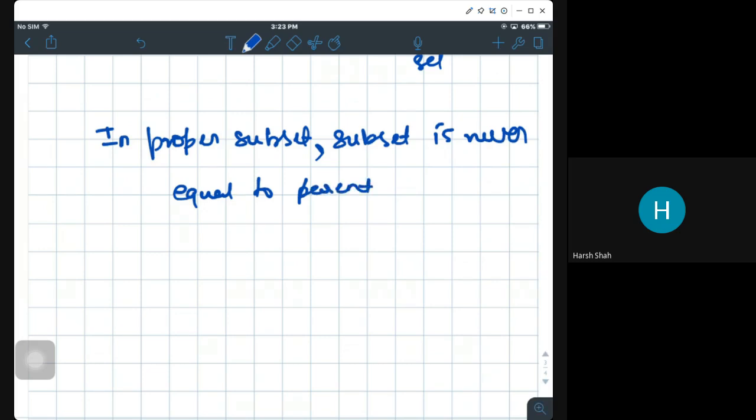Okay. Now is the empty set. This is an empty set. Can I say that this is a subset of my universal set? I have defined a universal set. Let it be anything. Can I say that my empty set is a subset of the universal set?